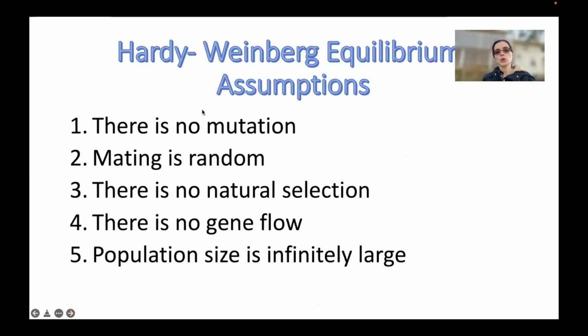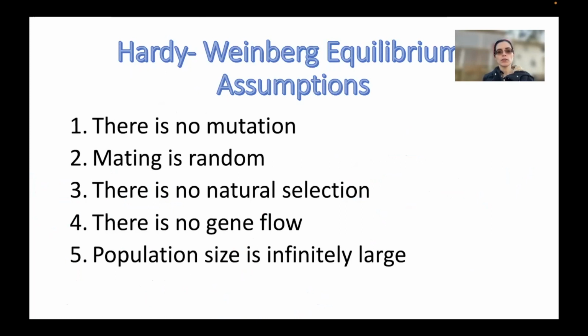So for us to use this model, we have to assume that those factors are just not there. They're not happening. So we have to assume that there is no mutation, right? Because mutations actually change genes.